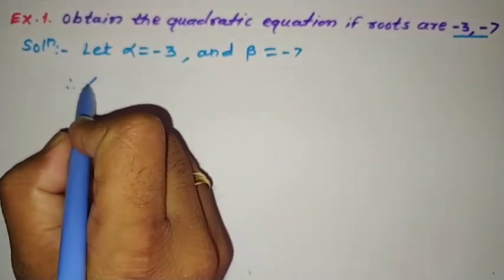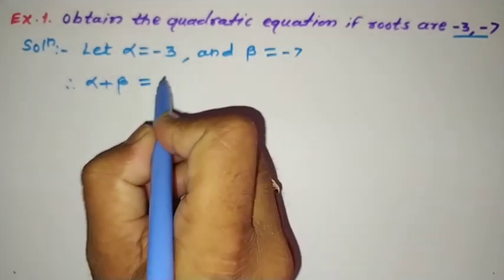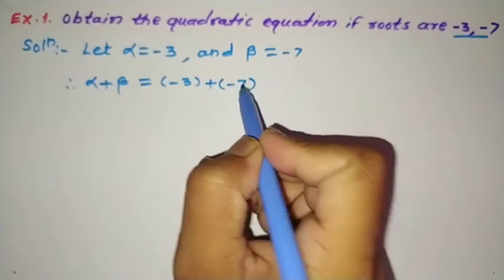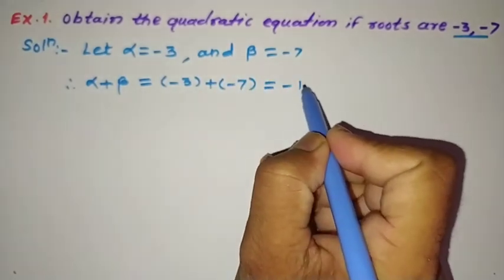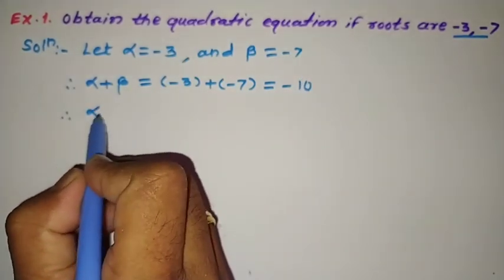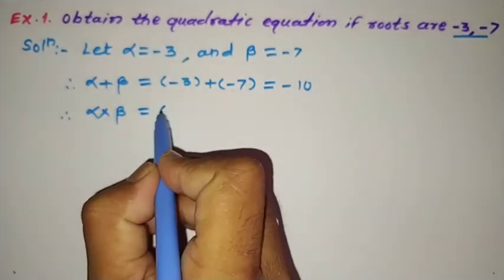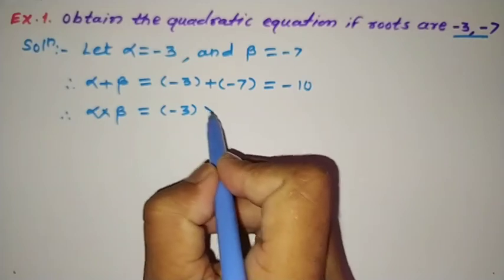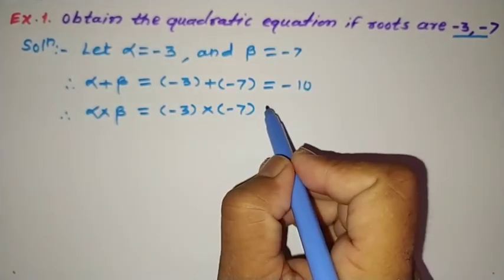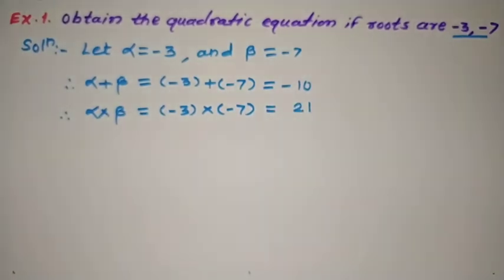The addition of two roots, alpha plus beta, is equal to -3 plus -7, which is -10. The product of two roots is -3 into -7, 7 threes are 21, so plus 21.